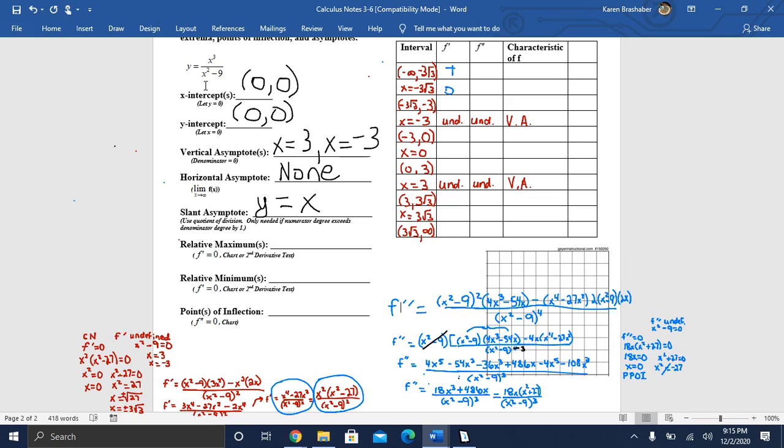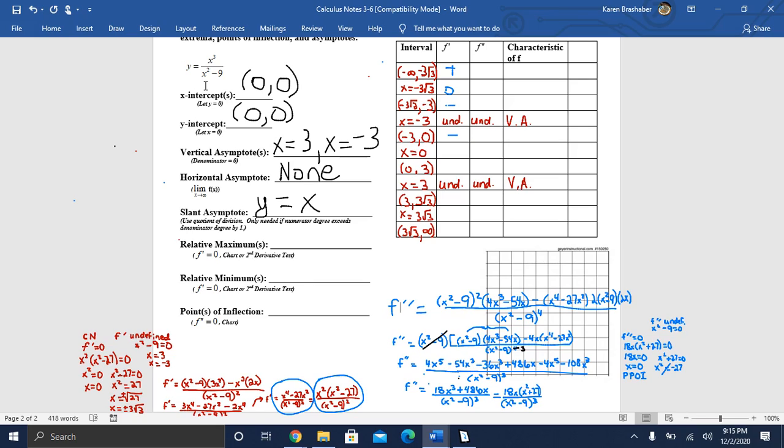I do know that negative 4 would work in that interval. So if I put negative 4 into the first derivative, I'm going to find out that I have a negative. If I go from negative 3 to 0, I could use negative 2 as my number. Plugging that into the first derivative, I'll get a negative.